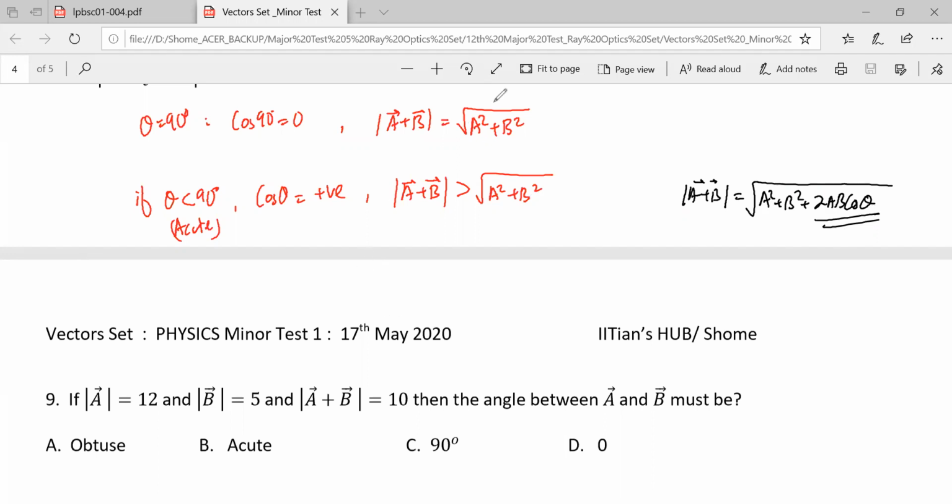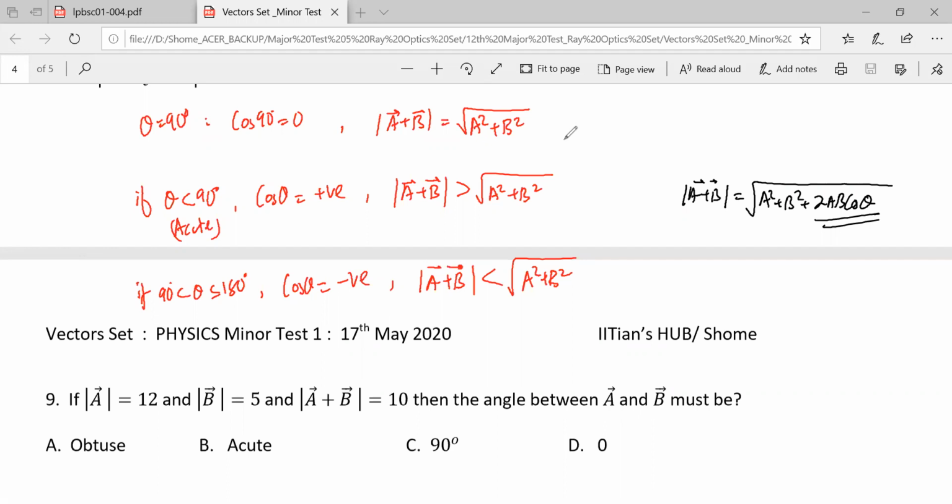But on the other hand, if we are dealing with a situation where theta is between 90 and 180, then we know that cos theta is a negative quantity. So under the square root, it's a square plus b square plus something negative. So it's less than that. So mod of a plus b becomes less than root of a square plus b square.